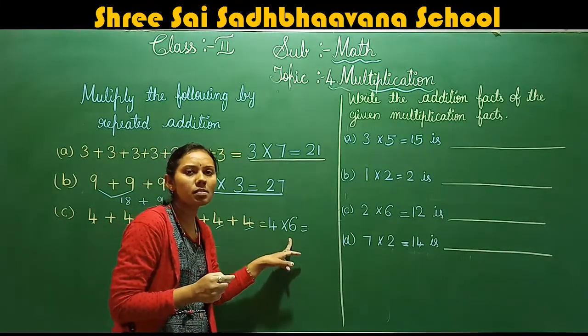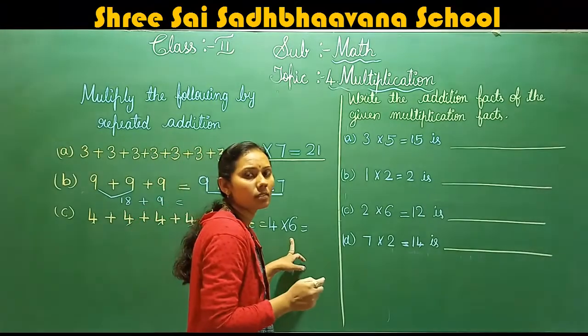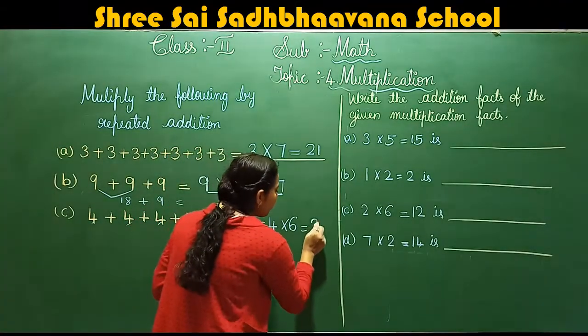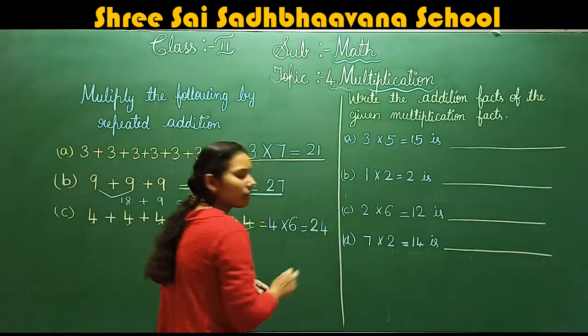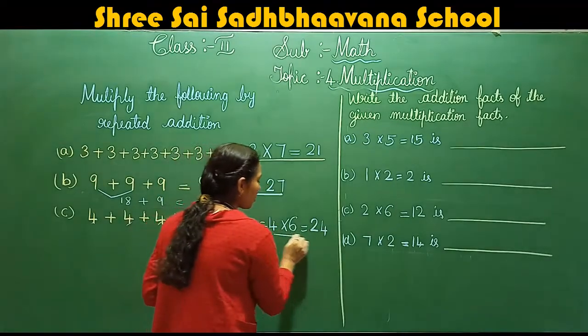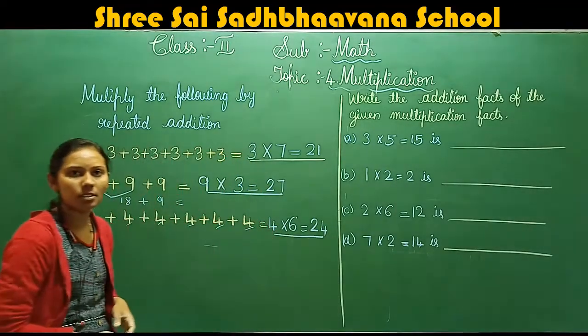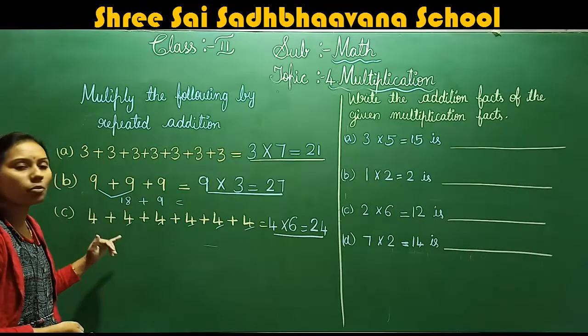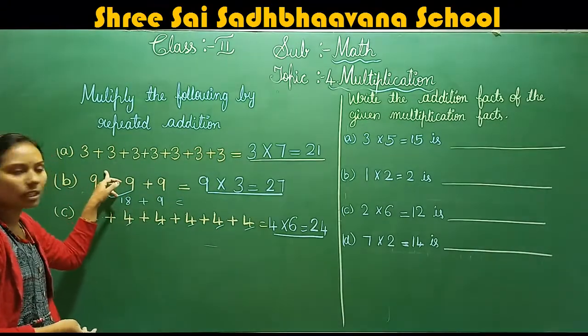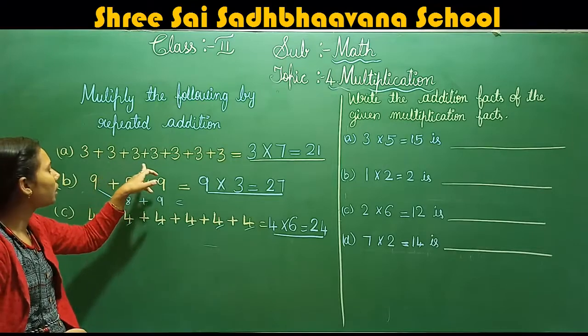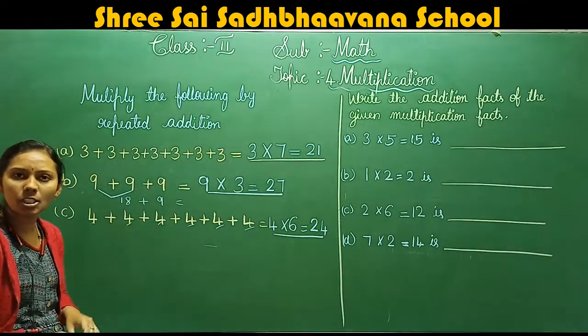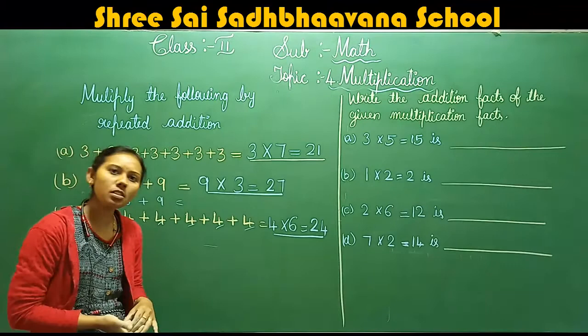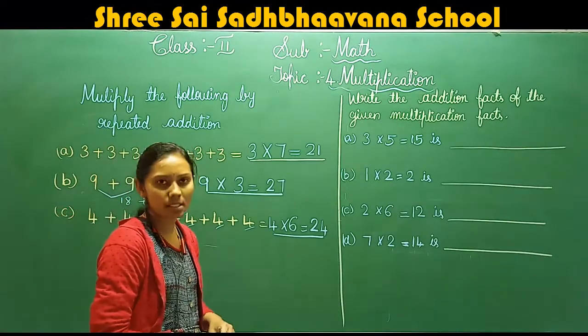Say the 4 tables. 4 sixes are 24. So this is your product. Got it, children? Understood? How to multiply the following using repeated addition. Understood now, children? Yes.